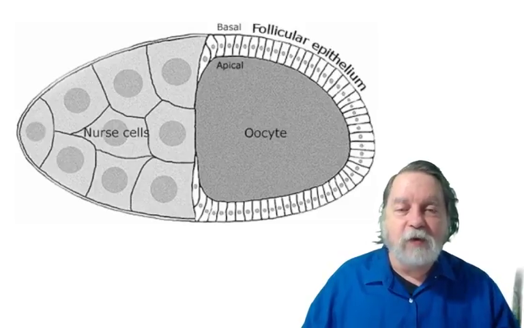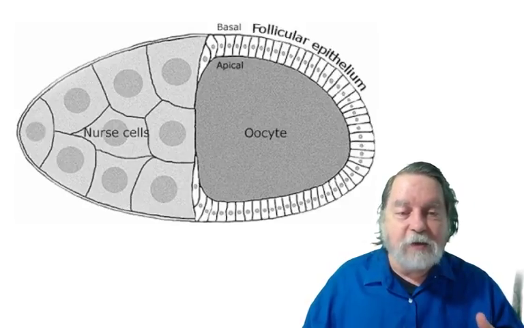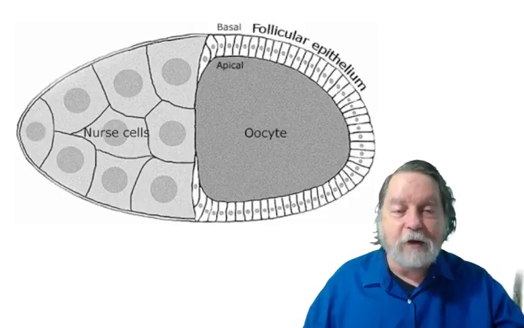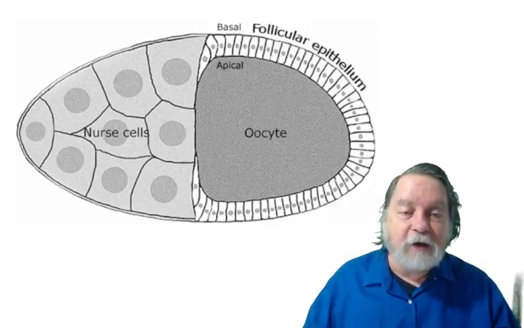So here's another case where we've got a physical structure that determines the localization, the pattern of gene expression, or in this case RNA localization, and that's going to lead to all this cascade of events that are going to occur in early fly development to produce a fly with a patterned body plan.